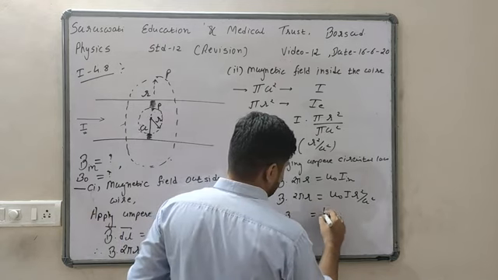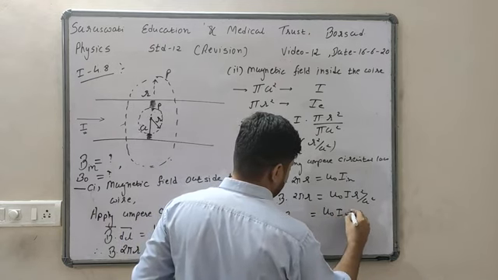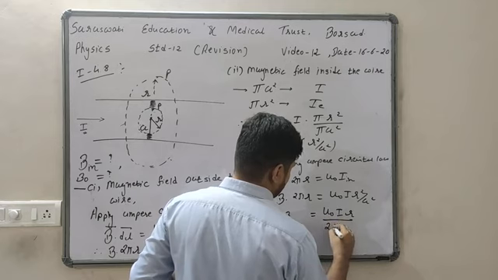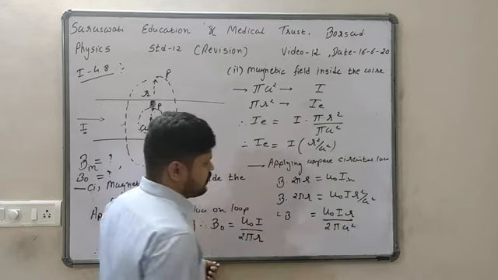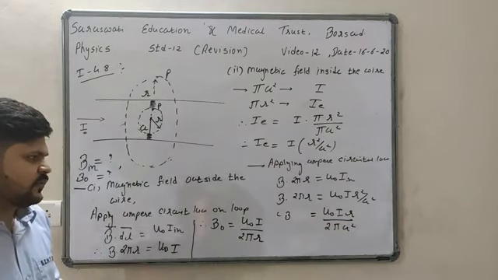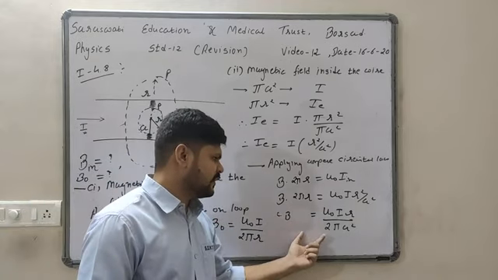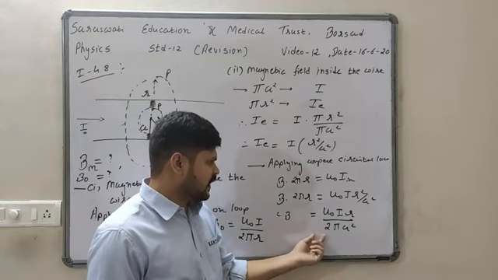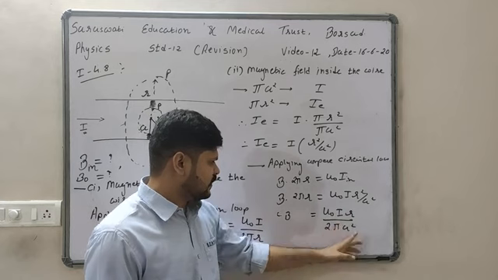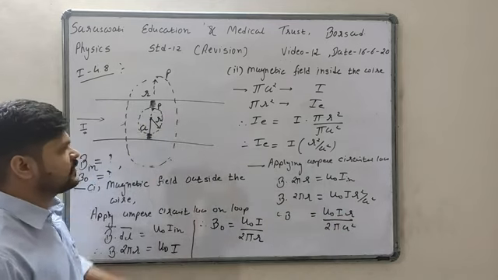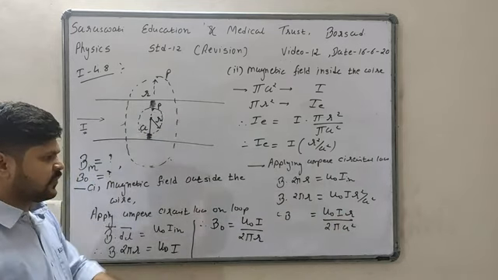So B is equal to mu 0 I r upon 2 pi a square. This is the answer; one r will be cancelled out. So this is the magnetic field inside the wire.